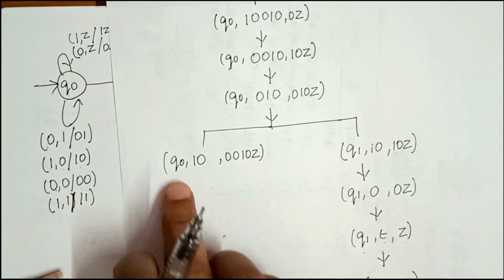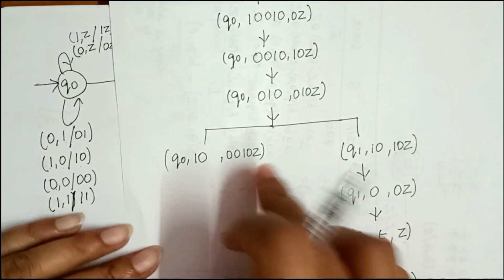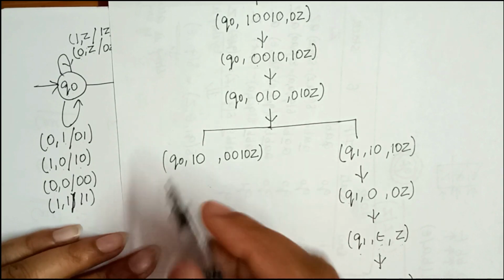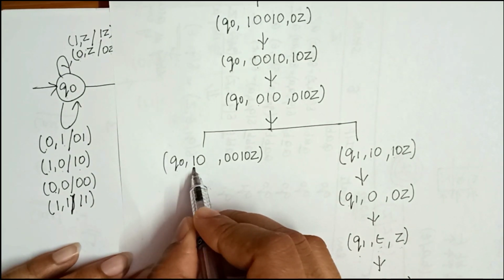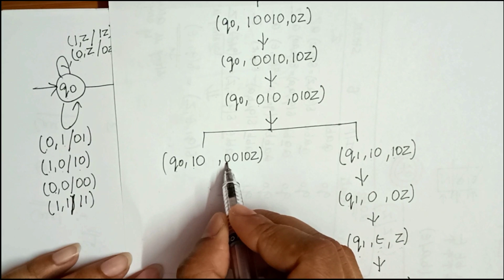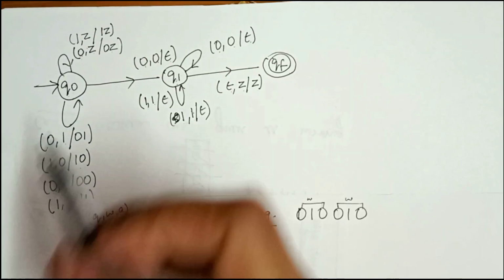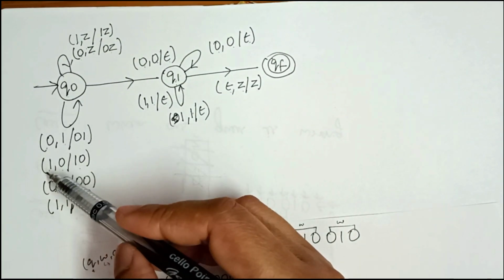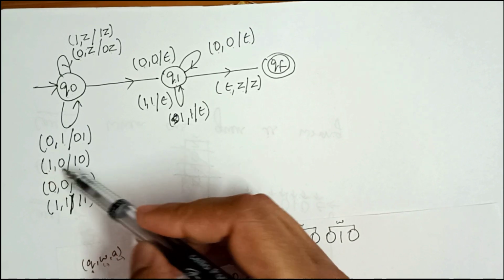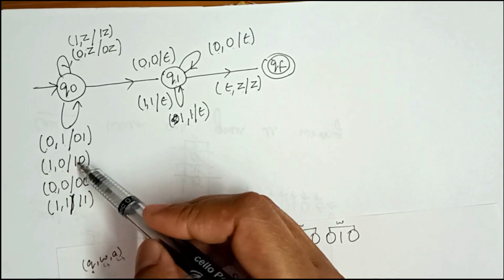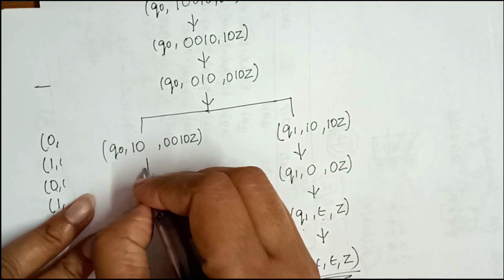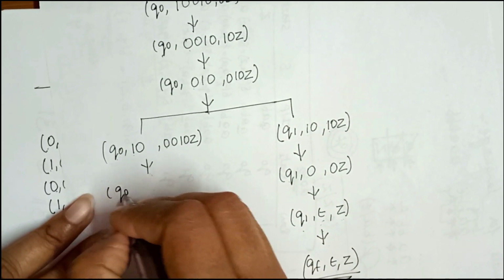Now if we take the other move, let me check what will happen. Now we are on the Q0 state, the input symbol is 1 and the top of the stack is 0. On the Q0 state, if the input symbol is 1 and the top of the stack is 0, we push this 1 onto the stack and remain in the same state, Q0.